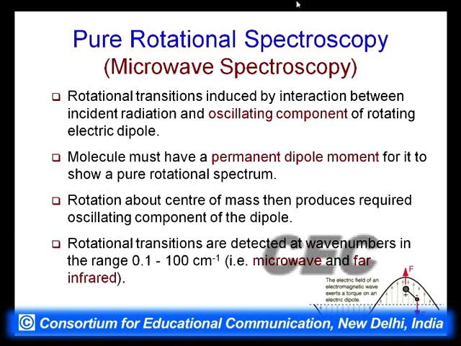And if this matches with the frequency of the electromagnetic radiation, then a transition can take place and the molecule can become rotationally excited in the microwave region, and that is why molecules which have a dipole moment have pure rotational spectra. The wave numbers at which this occurs are around 0.1 to 100 centimeter inverse, very low, and this is in the microwave and far infrared also.